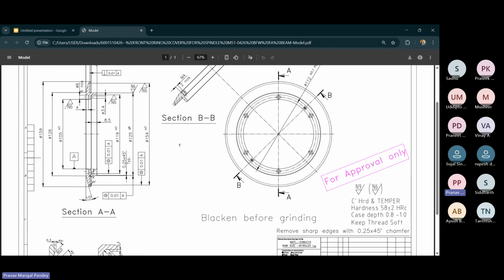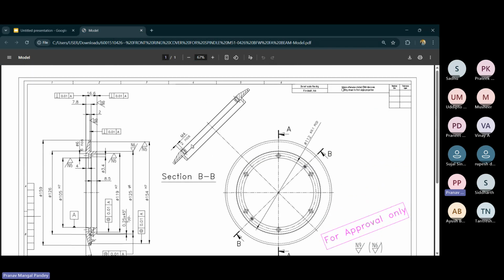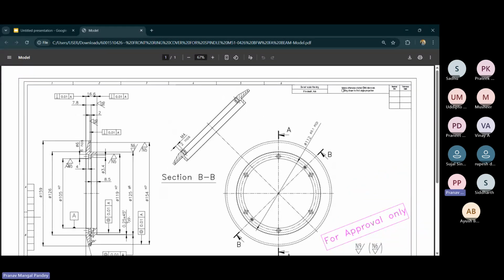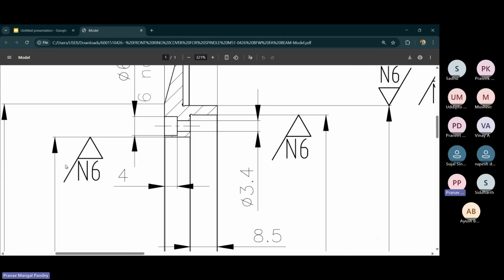Why is a part detailed drawing made? This is mostly made for the manufacturers or the fabricators who make these parts out of pure metal blocks. So we give every dimension, every tolerance, and even the surface roughness, material and all those details. Let me show you this part.